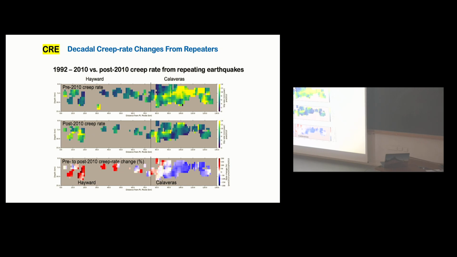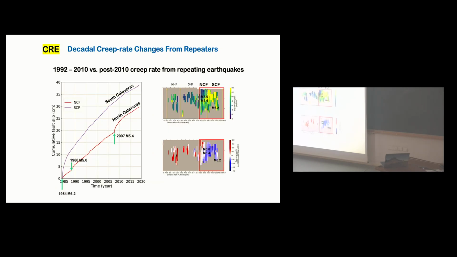Okay? And if we again divide up the fault into two sections, northern central Calaveras, southern central Calaveras, this is southern, this is northern, you can see that since 1984, when we have cataloged events, there has been a continuous decrease. 1984 was the biggest earthquake on the Calaveras Fault that we've had, a magnitude 6.2.